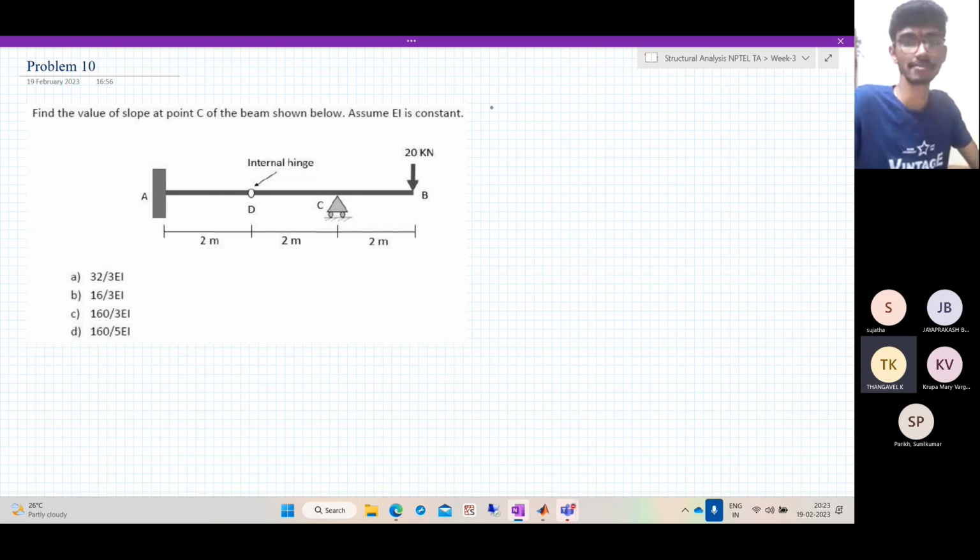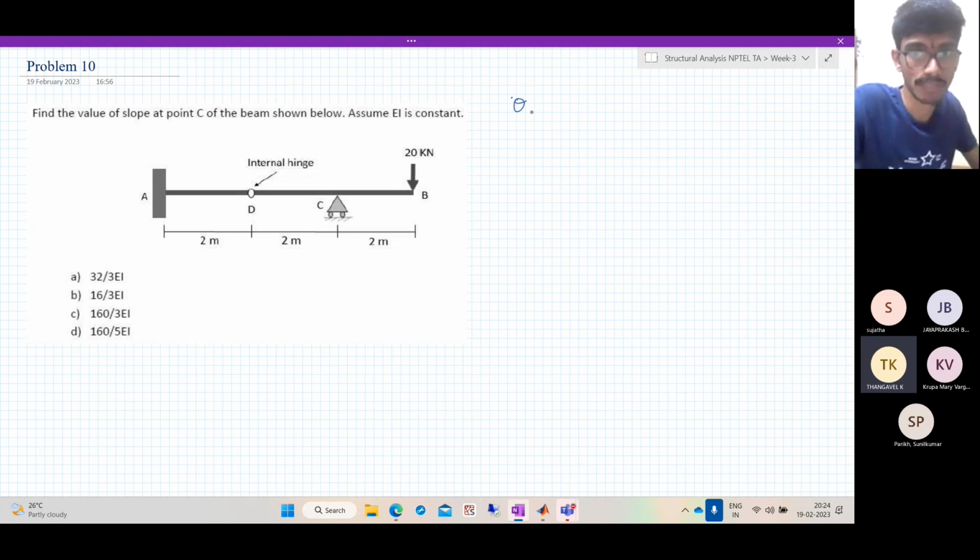As usual, we'll start with guessing the elastic curve. Or rather, since we have A, it's not an issue. So what is asked?